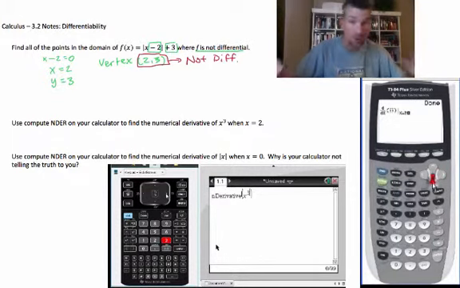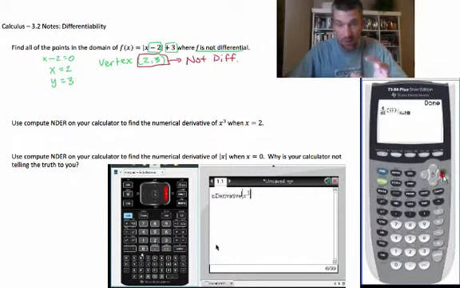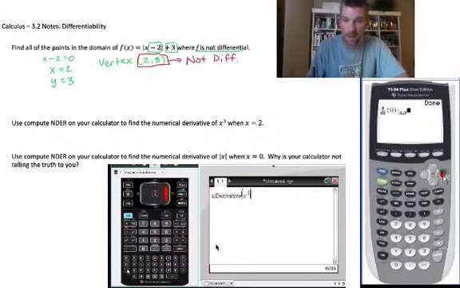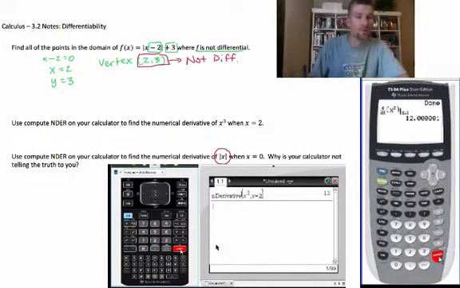So it's going to tell you one value, but you have to be smart enough to know that when you are working with absolute value of x at 0, that's where we're going to get our vertex. And wherever that vertex happens, no derivative can occur there. So play with your calculator for a little bit. nDeriv is really, really nice. It's really handy, and it gives us a really good, accurate depiction of what it might look like with the numerical derivative.